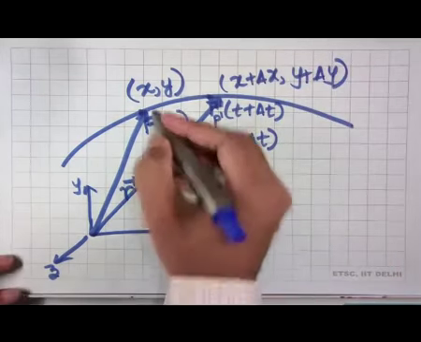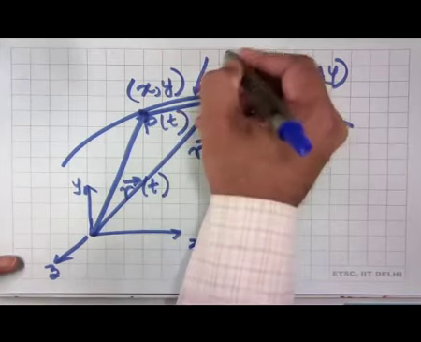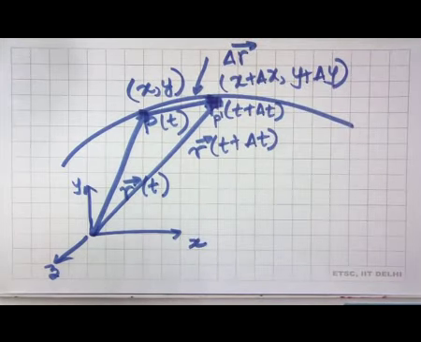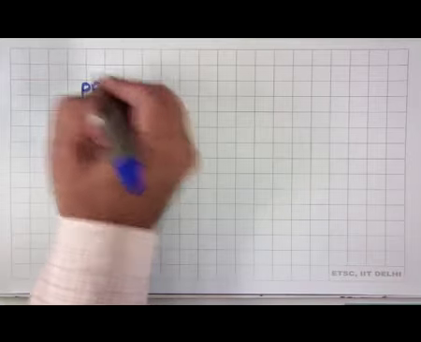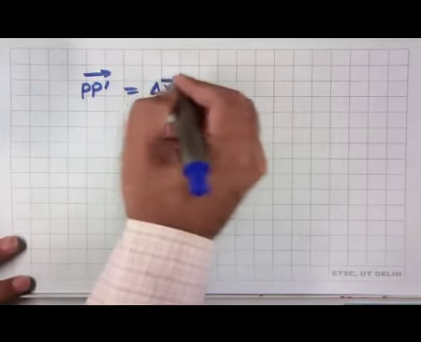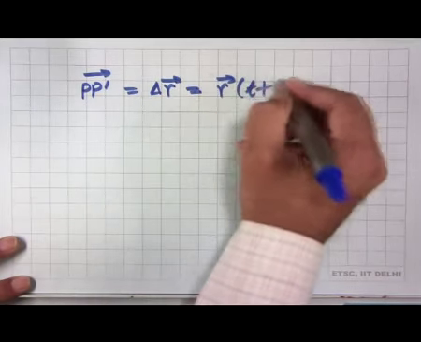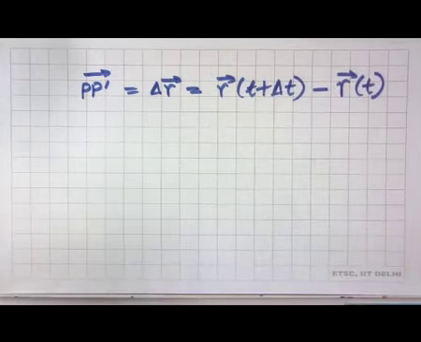And the vector P P prime, we will call it the displacement vector, which we represent by delta r. So, now what we have seen is, the vector P P prime is equal to the vector delta r, and this is equal to r at t plus delta t minus r at t.